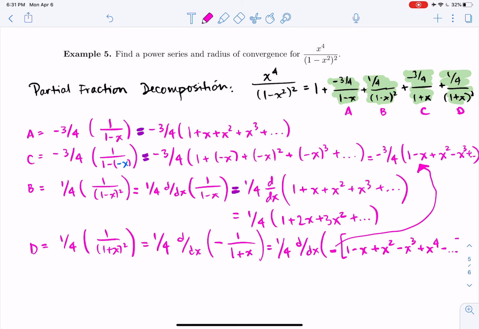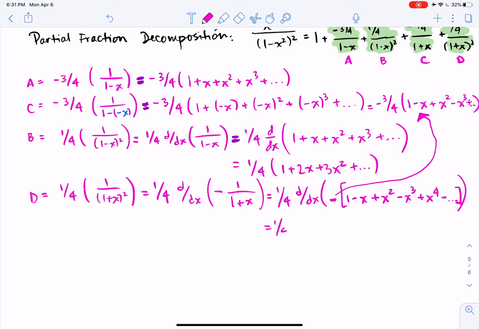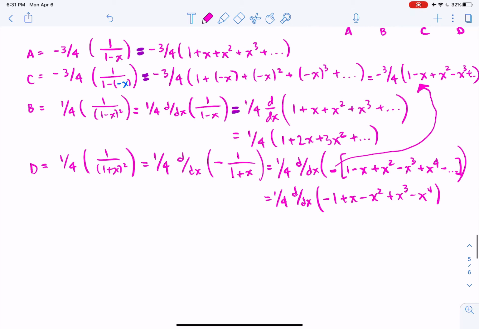Okay, so we are taking the derivative of, let's distribute that minus sign through, negative 1 plus x minus x squared plus x cubed minus x to the 4th, and that derivative is 1/4 times positive 1 minus 2x plus 3x squared minus 4x cubed, etc. Okay, so this one also has an equal sign that we've got to be super careful with.